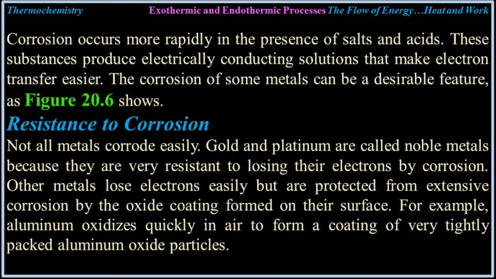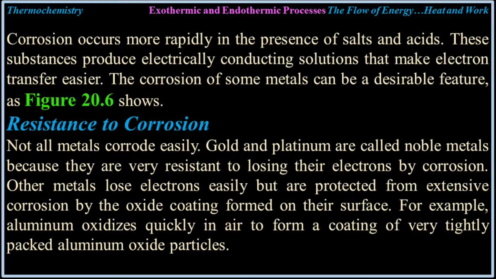Corrosion occurs more rapidly in the presence of salts and acids. These substances produce electrically conducting solutions that make electron transfer easier. The corrosion of some metals can be a desirable feature, as figure 20.6 shows, resistance to corrosion. Not all metals corrode easily.